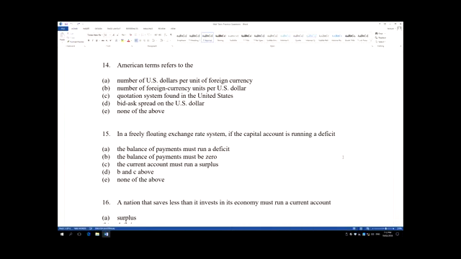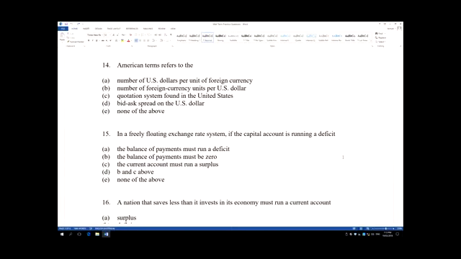All right. According to interest rate parity, the currency of the country with the lower interest rate. So we had interest rate parity up here. If the country has a lower interest rate, it will be selling at a forward premium, discount, or it will be at equilibrium. A, B, or C?